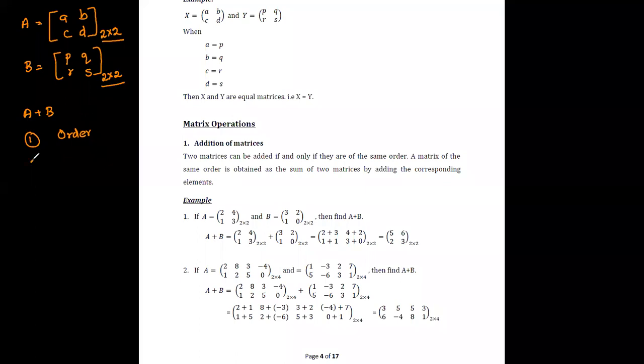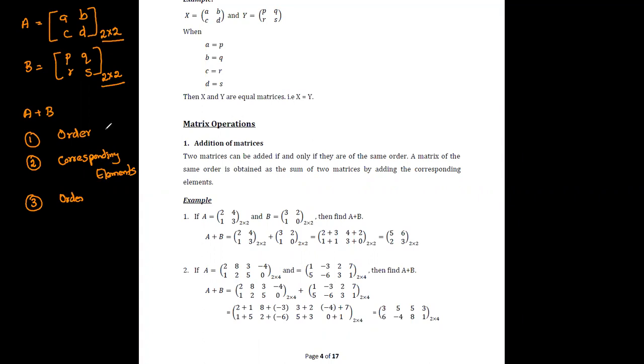Then if you have matrices of the same order, we can add the corresponding elements. By adding the corresponding elements, we get the summation of these two matrices, and the resultant matrix is also of the same order as the initial matrices.